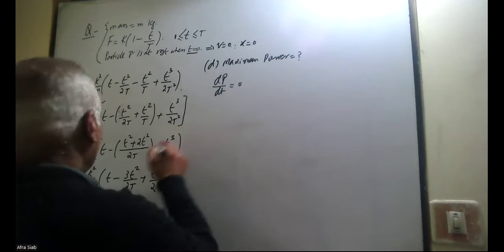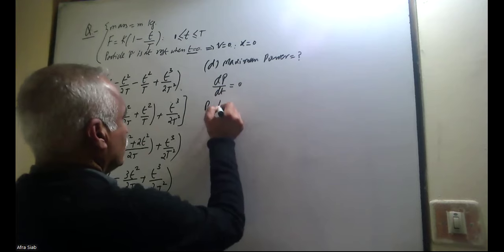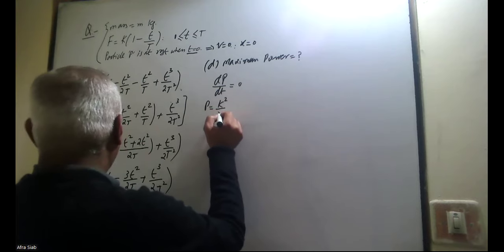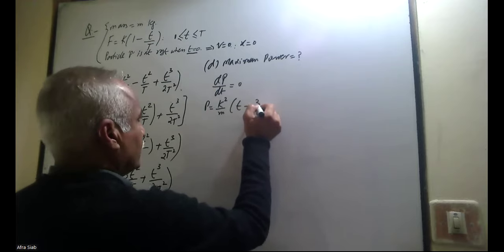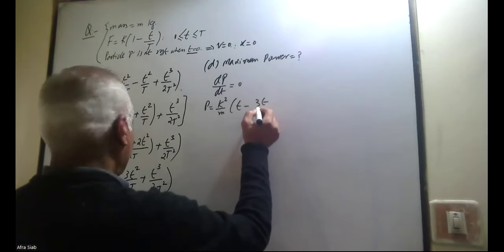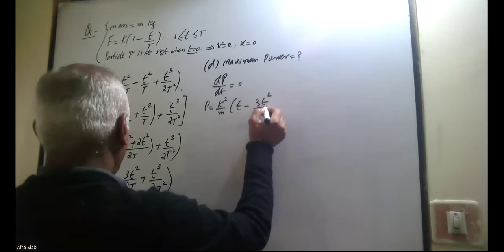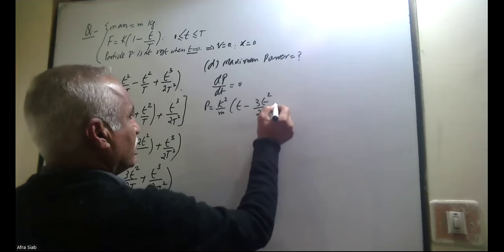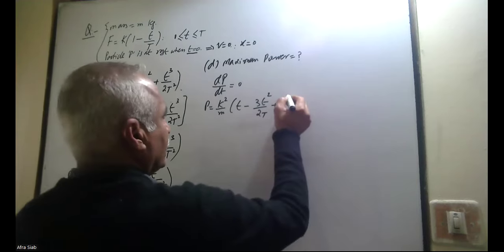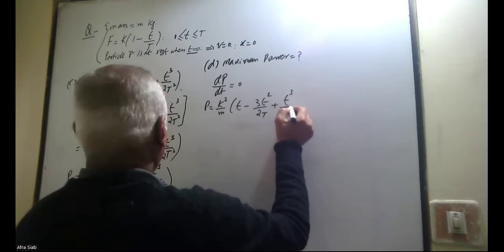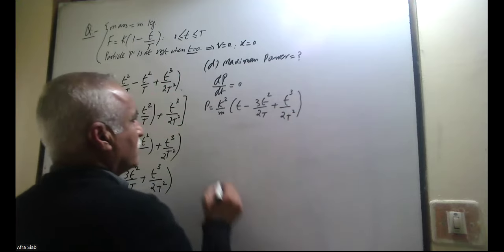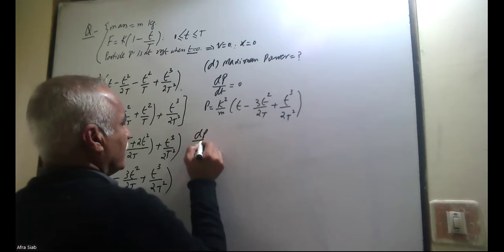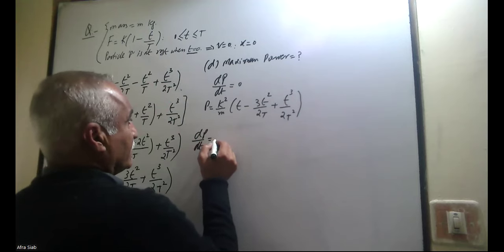So P is equal to k square over n into t minus 3t square over 2T plus t cube over 2T square. So we find dp by dt for this.